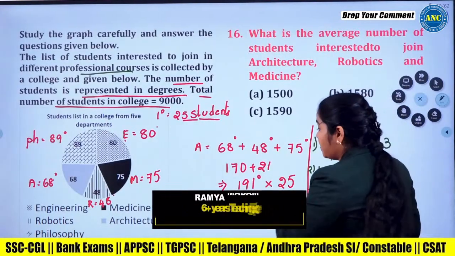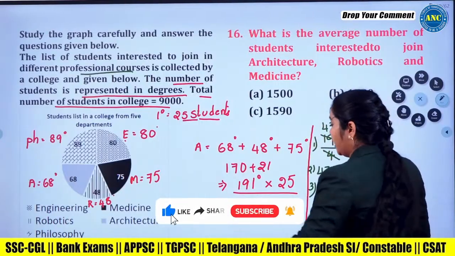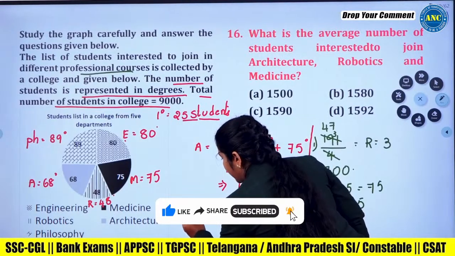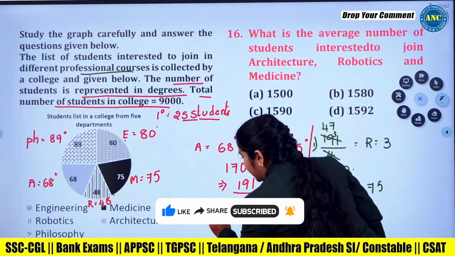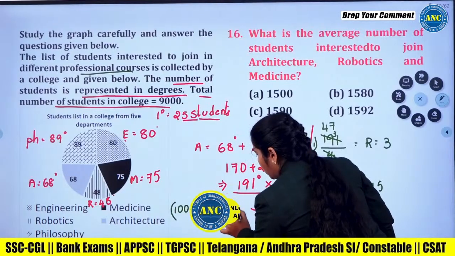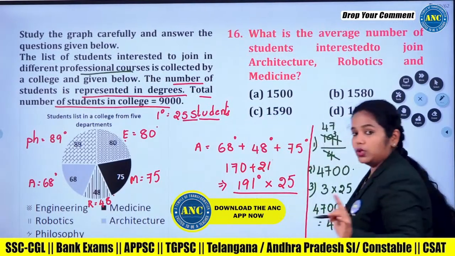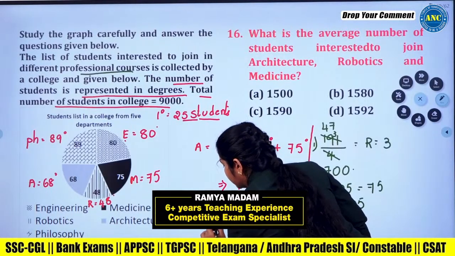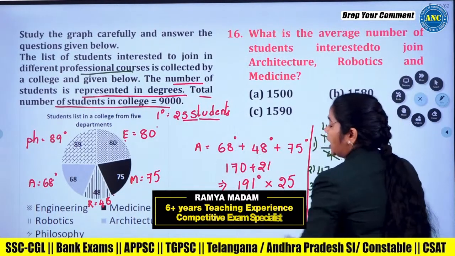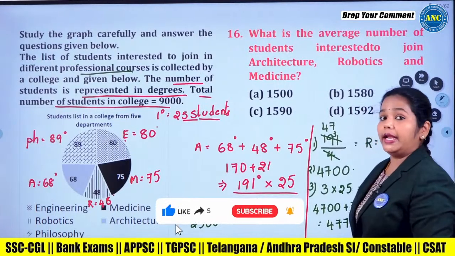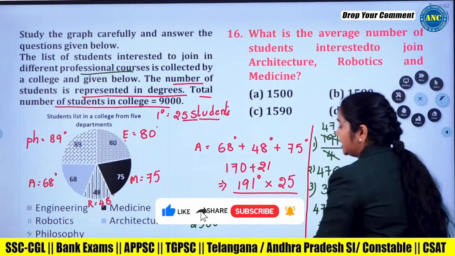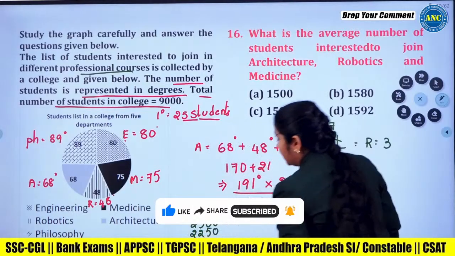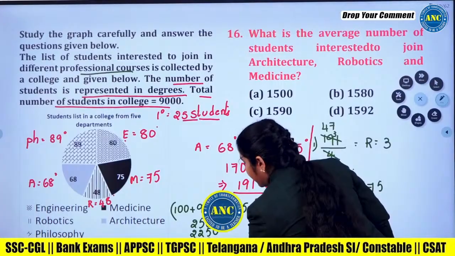Another method every day in the class we are doing is breaking this number. We can break this number as 100 plus 90 plus 1, into 25. Can we do this? 25 into 100 is 2500 plus 25 into 90, how much? 25 into 80 is 2000, so 25 into 90 is 2250, plus 25 ones are 25.